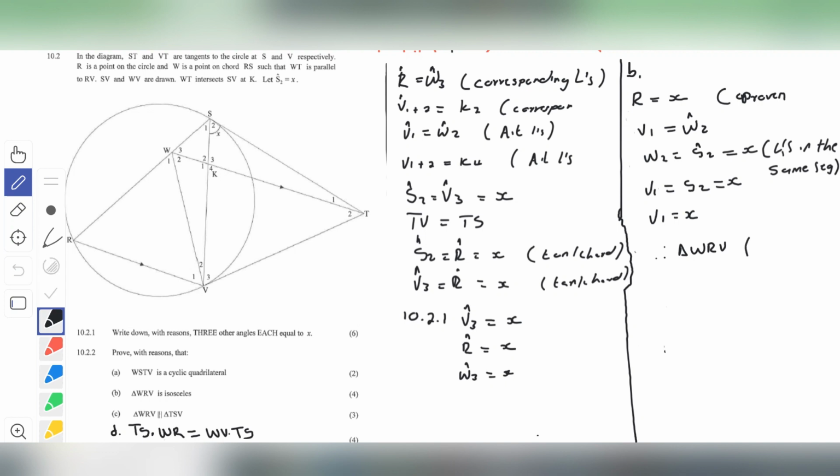The reason is V1 is equal to angle R. They are both equal to X. Can you guys see? They are both equal to X. So therefore you can conclude.